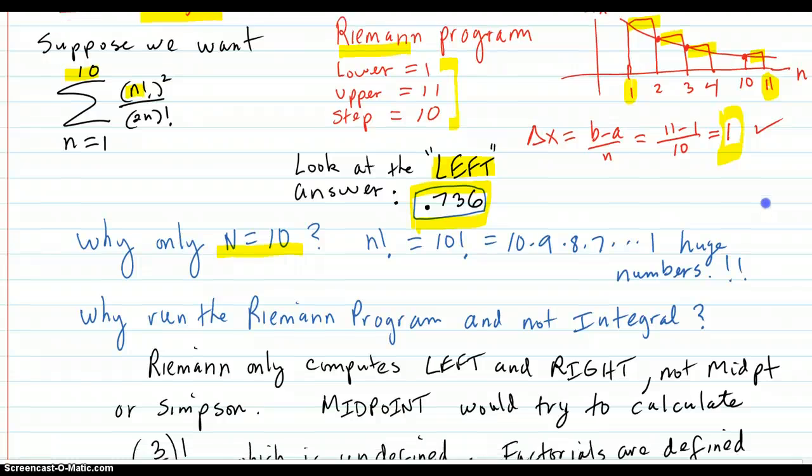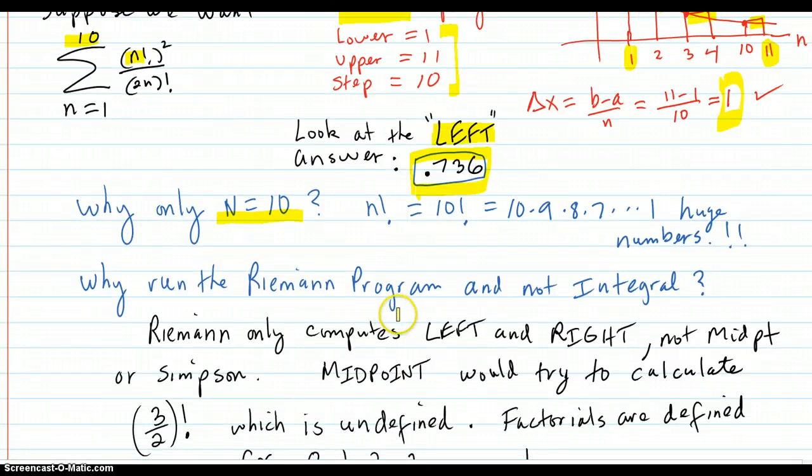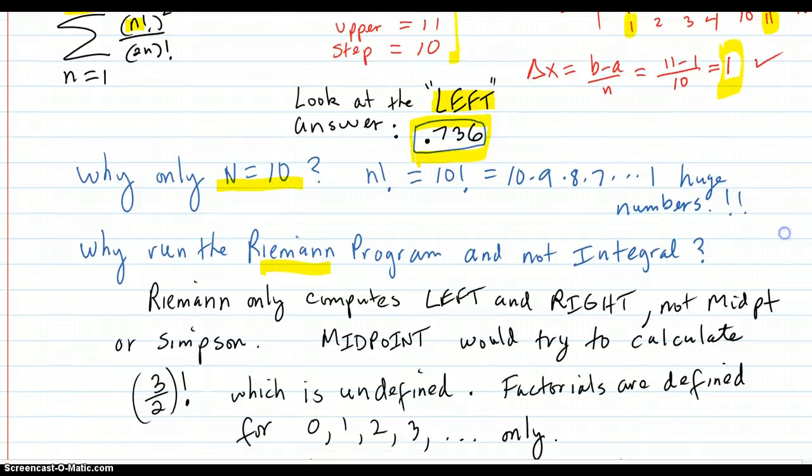Okay, so why run the Riemann program and not the integral program? That is because Riemann only computes left and right. It doesn't do midpoint or Simpson. If it was trying to calculate the midpoint, it would try to calculate, for example, in between 1 and 2, it would be 3/2.